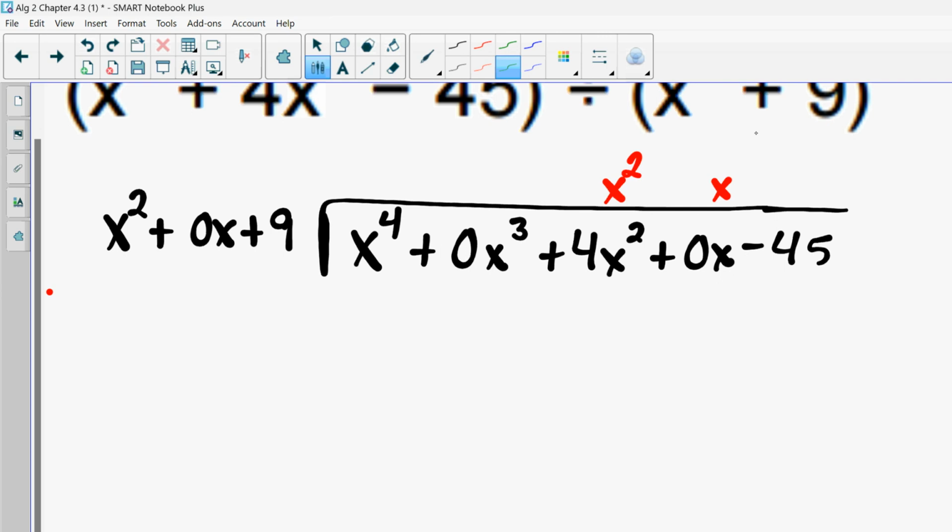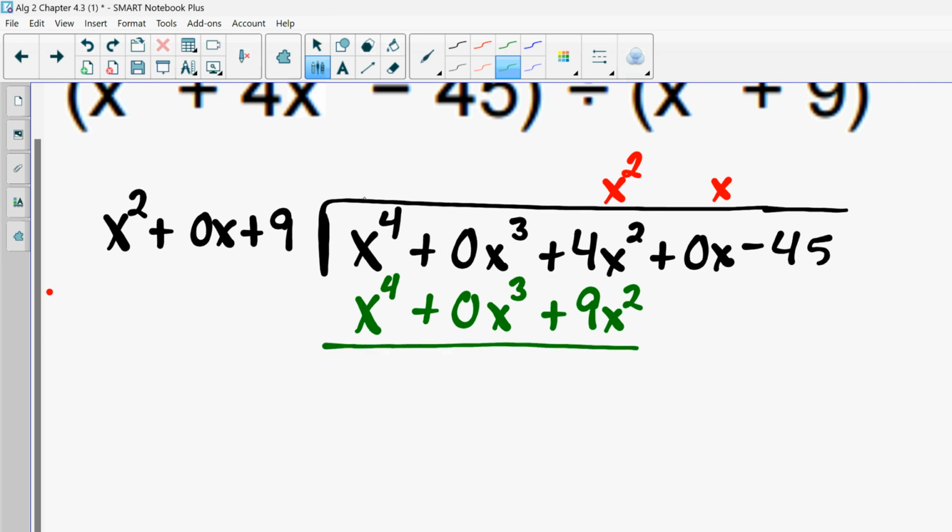X squared times 9, 9x squared, yes. And now we're going to subtract.